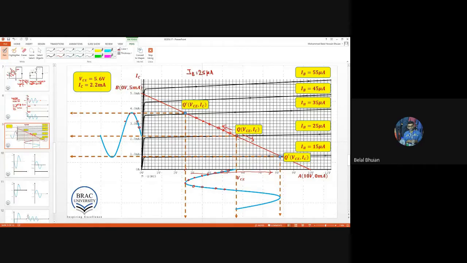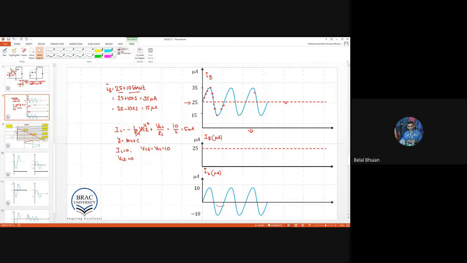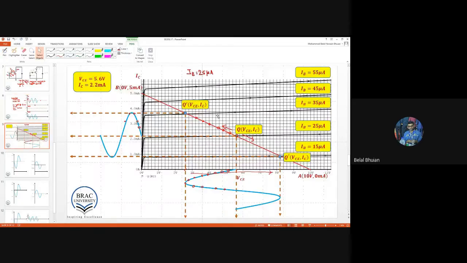Now, we have already established that our base current is not fixed. Base current is changing, from 35 microampere to 15 microampere. So what does that mean?